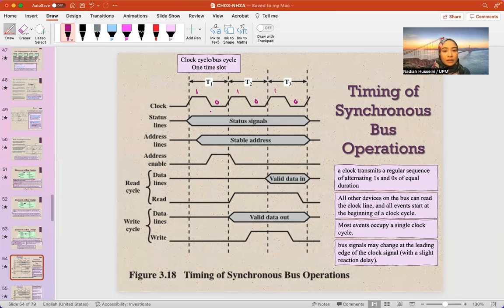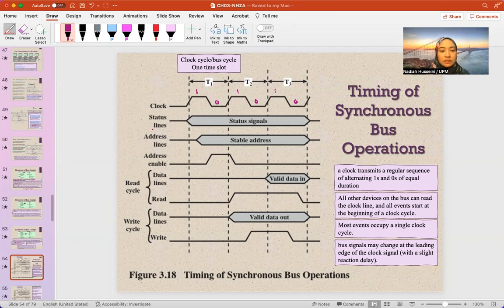And 1 and 0 makes one clock cycle. We can also call this one time slot. This is also called a bus cycle, but typically they call it a time slot. In this example, we have 3 time slots, just for basic explanation. It's not 3 time slots all the time.